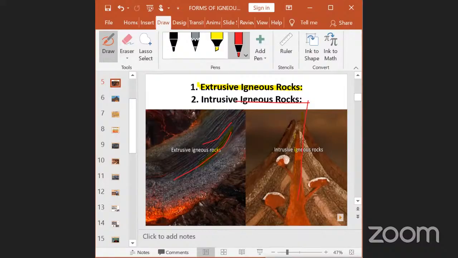The next influencing factor on the type or form of an intrusive igneous body is the nature of fluidity of magma.